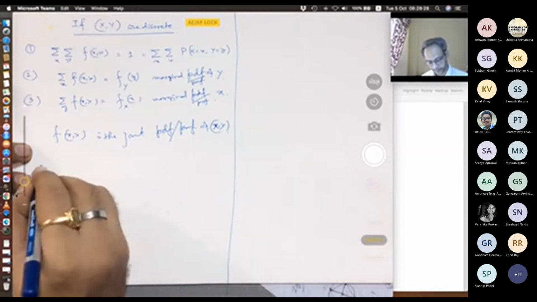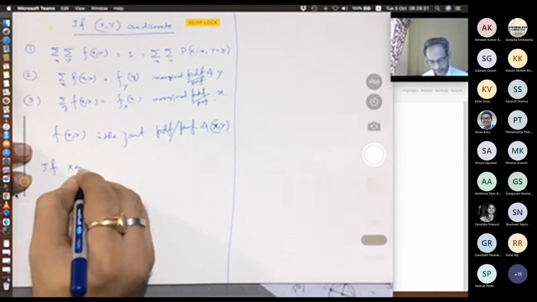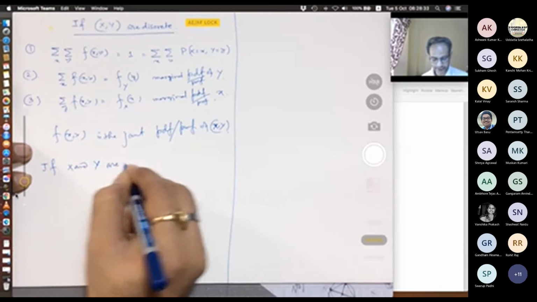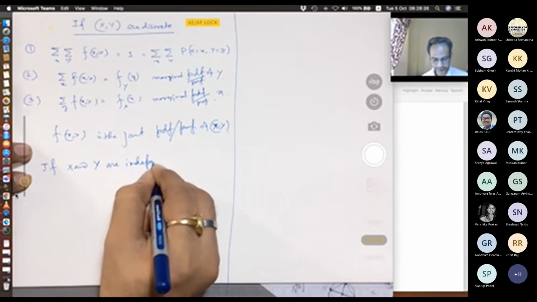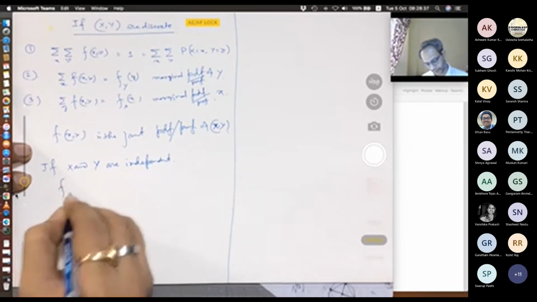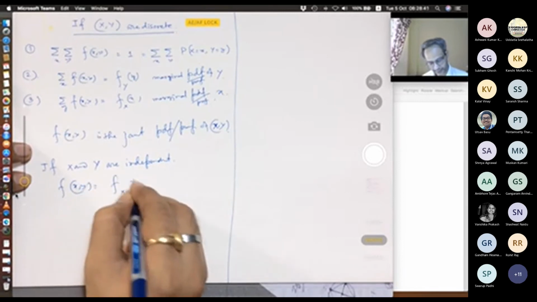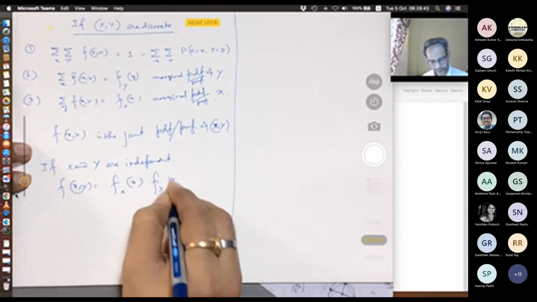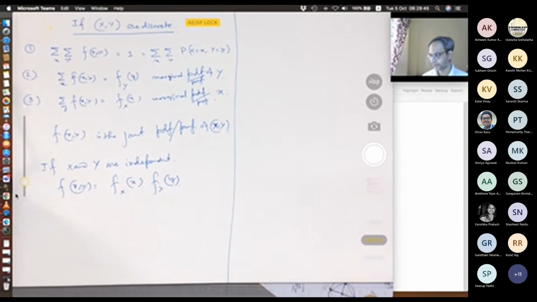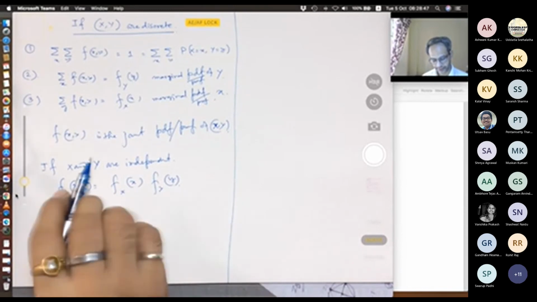Now, if x and y are independent, f_xy equals f_x of x into f_y of y. So this is for the discrete case.